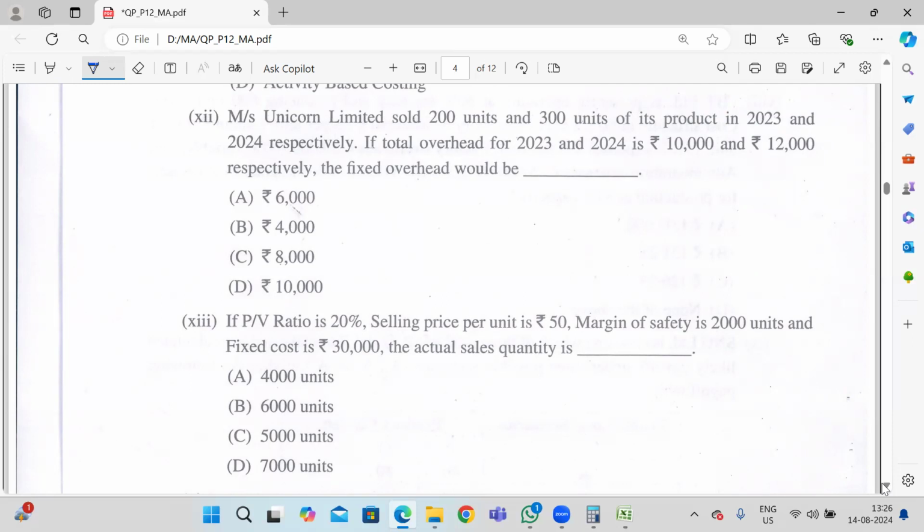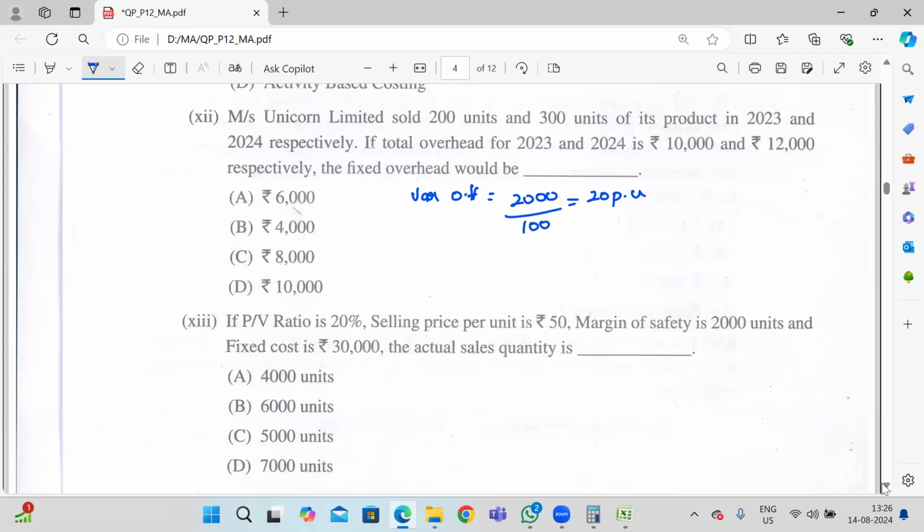So we can calculate variable overhead based on the formula change in cost divided by change in output. So here change in cost is 12,000 minus 10,000, that is 2,000, divided by change in units, that is 300 minus 200, 100. So you will be getting 20 rupees per unit as variable cost.